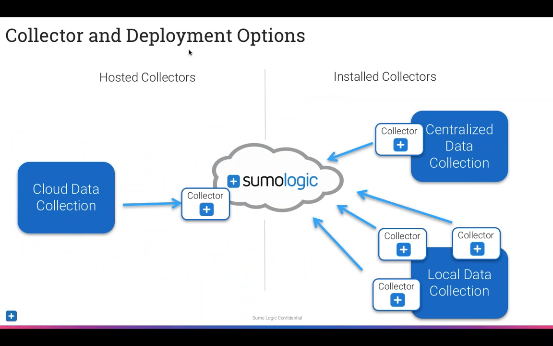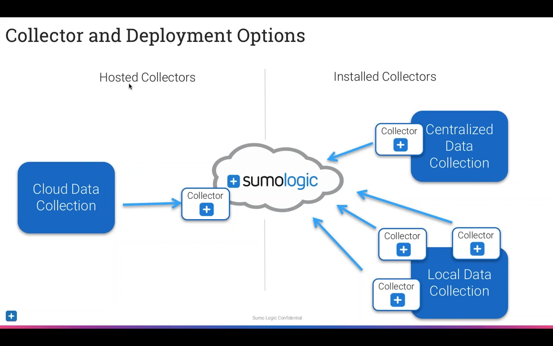I've talked a little bit about hosted versus installed collectors, and then within installed collectors, there's even additional options that you can do. So let's start with hosted collectors. Essentially, a hosted collector allows for a seamless collection of data from Amazon S3 buckets or any HTTP source. The hosted collector does not require any installation, does not require any activation, and there are no physical requirements, which is great since all this is hosted in AWS.